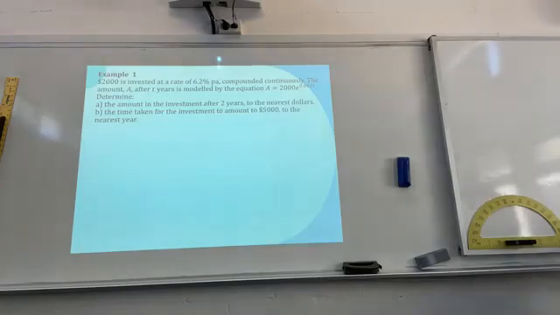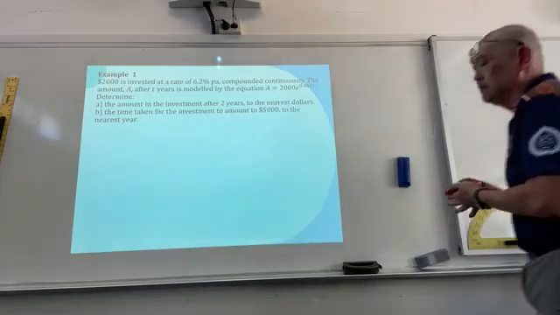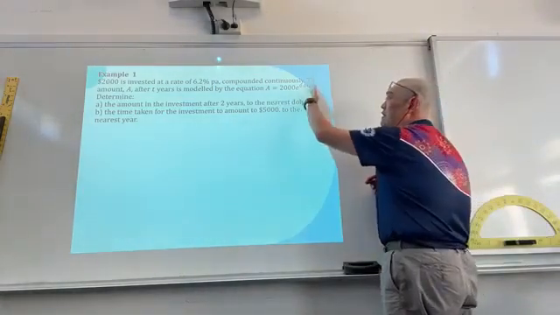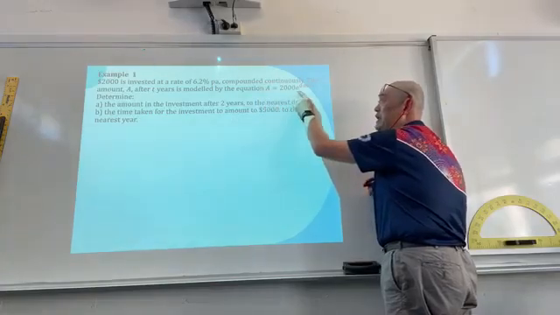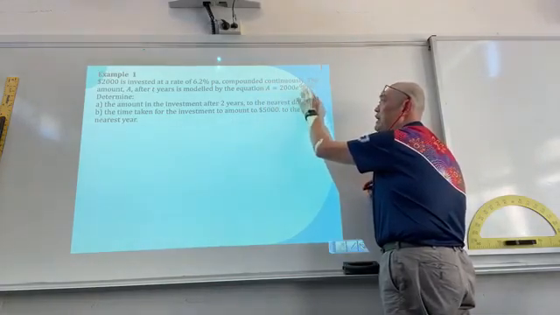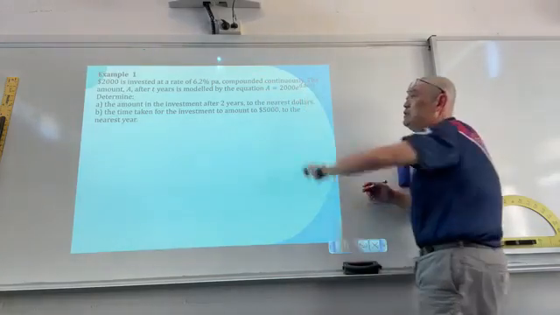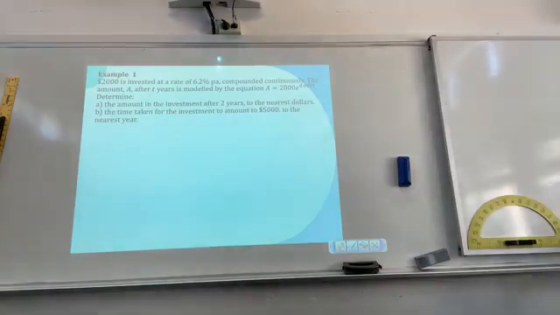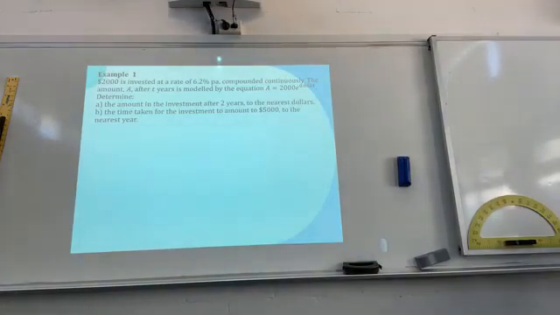You don't even have to use your compound interest formula. You can just straight away use e, and that is your interest rate, 6.2%, 0.062 times t. So substitute t as 2 in this situation. Just use the formula given. Don't think about the compound interest formula anymore. Just use whatever is given to you.